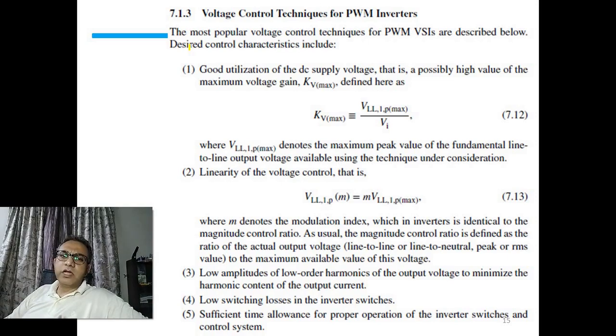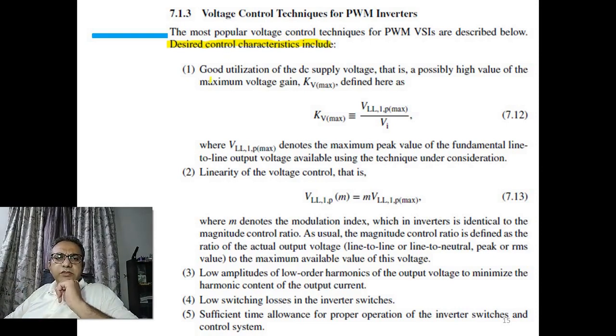What do we want to achieve? So in this slide, we will discuss the desired control characteristics from voltage control techniques to drive the PWM inverter.